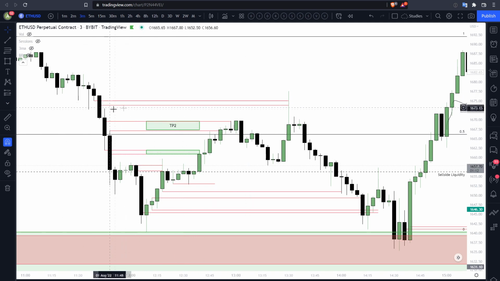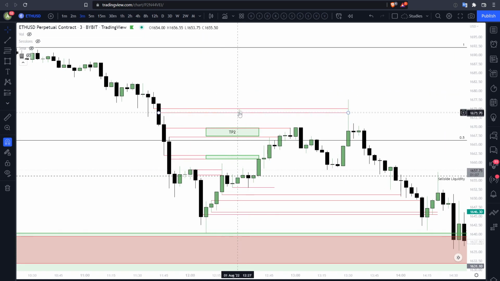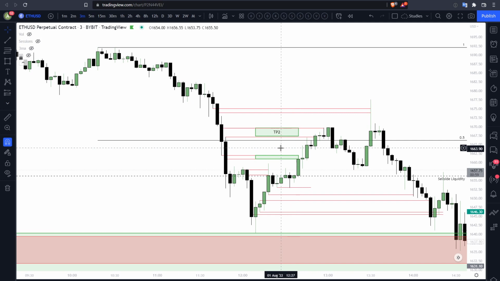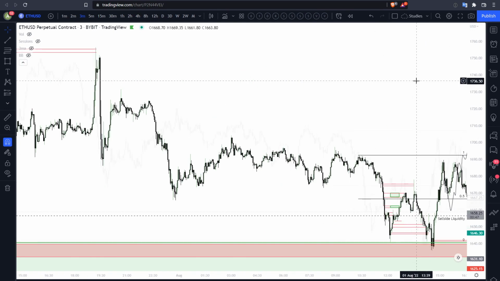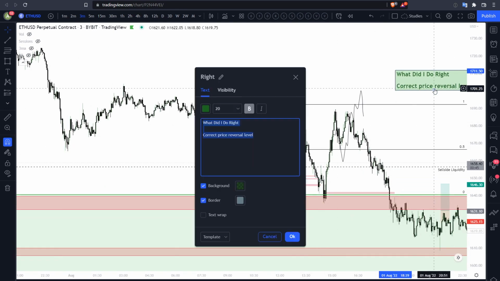This was identified, but I didn't place emphasis on it as a take profit level because I preferred to take profits earlier, mostly in the middle of the range, the 0.5 level, from the range high to range low. So take profit levels were also identified correctly.